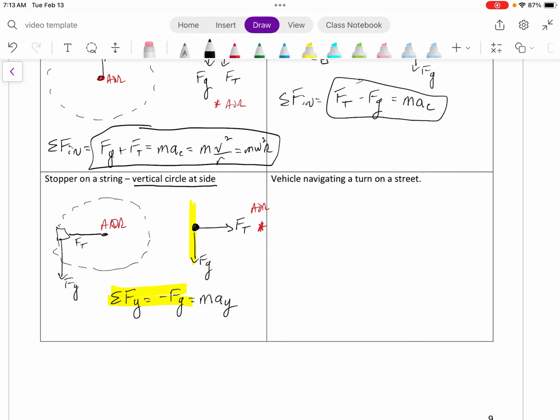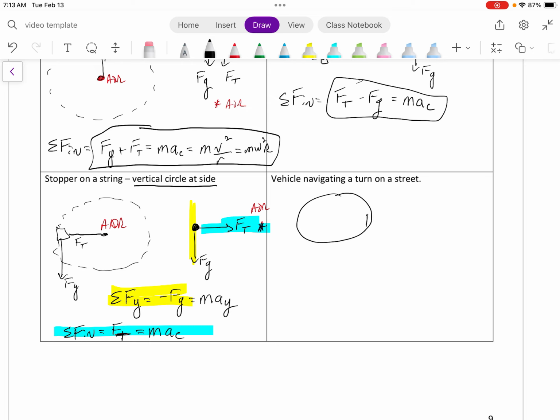Depends on if I'm accelerating or not and whether or not that's 0. Anyway, I could sum the forces inward. I'm going to do that. Sum the forces inward. That equals force of tension, which is positive because it points towards the center of the circle, equals MAC.